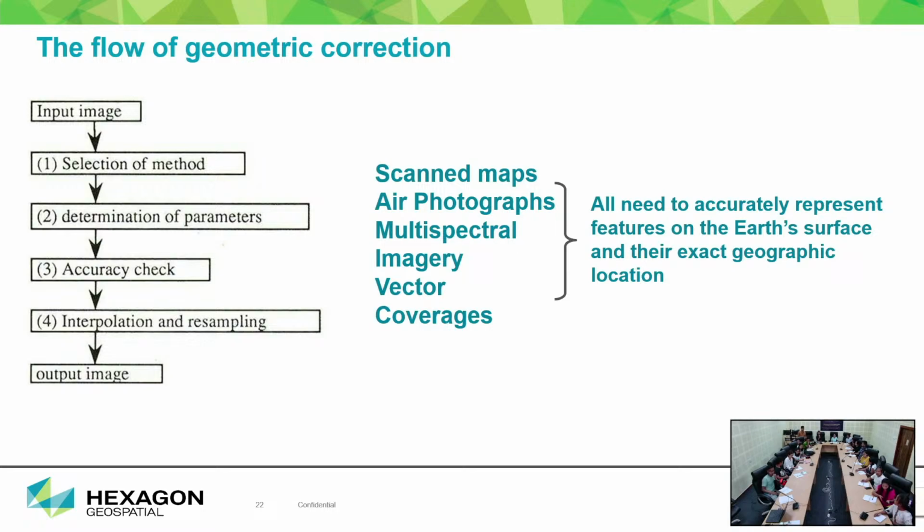Level 1 data is not geometrically corrected. Level 2 data is geometrically corrected and atmospheric correction is there. So we don't need to replicate this process again during data processing.